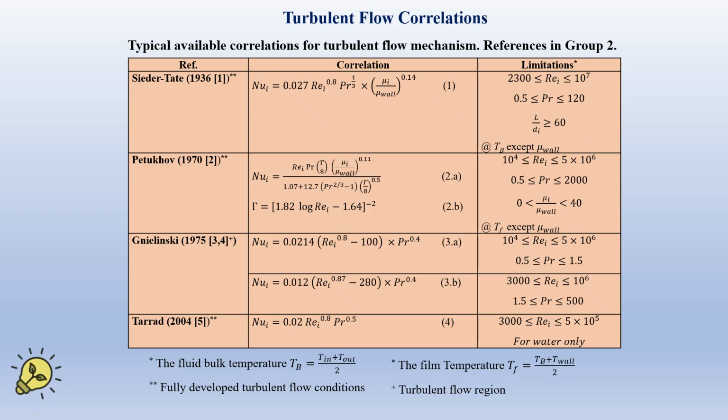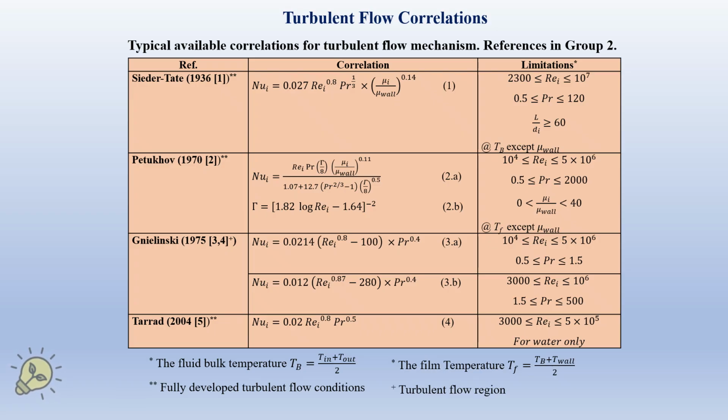All of these correlations are represented in a series of parameters used in these correlations, such as Reynolds number, Prandtl number. And every correlation has its own limitation. It depends on Reynolds number and the Prandtl number.